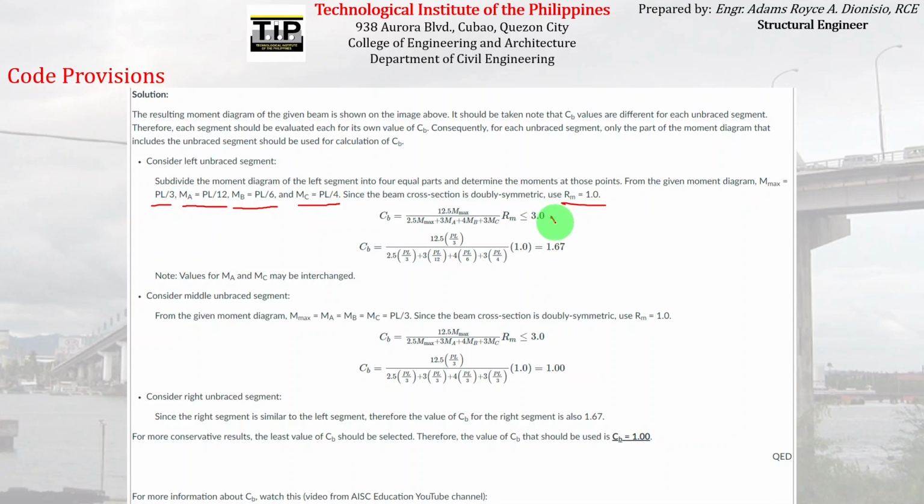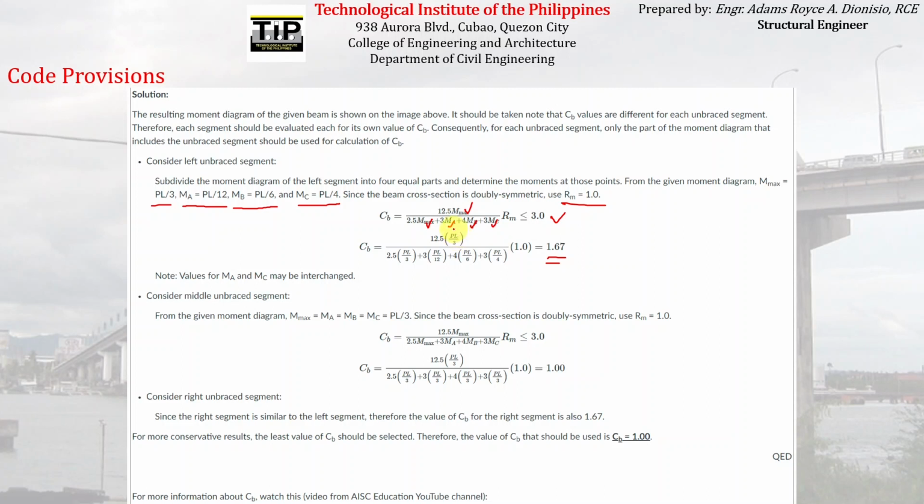Okay, so using this formula and substituting the corresponding values for Mmax, MA, MB, and MC, we arrive at this magnitude of Cb for the first unbraced leg. You can see here that the coefficients of MA and MC are both just equal to 3.